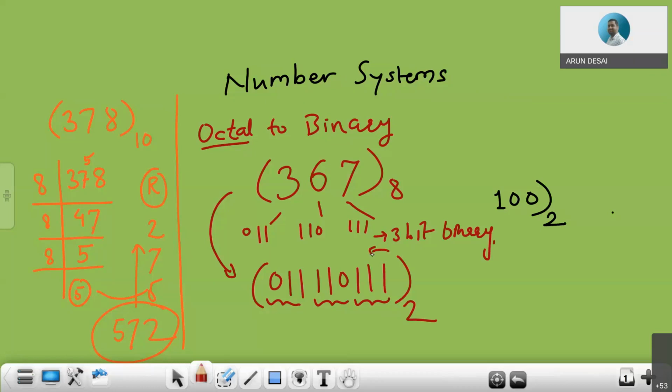Then whatever numbers are there, you write the decimal equivalent of that, and you will get the octal number for that binary, right? So this is how we can convert from octal to binary and binary to octal, right? This is how we can convert.